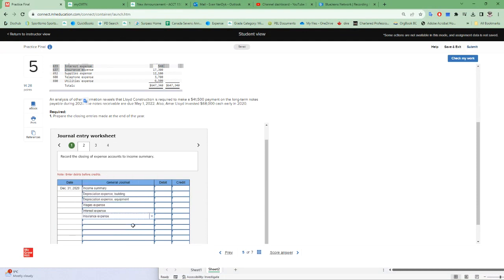Insurance, and then we've got supplies expense, telephone expense, and utilities expense.